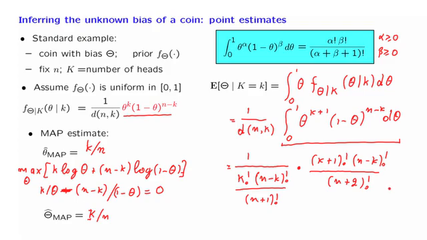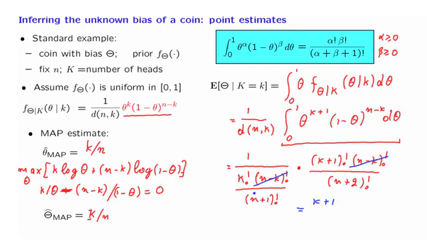This looks formidable, but actually there are a lot of simplifications. This term here cancels with that term. K plus 1 factorial divided by k factorial, what is it? It is just a factor of k plus 1. And what do we have here?